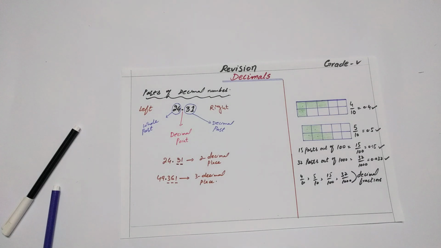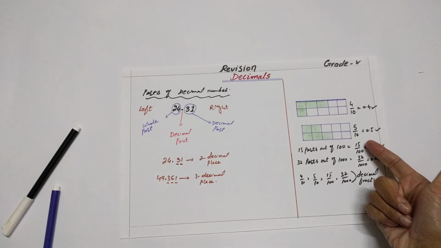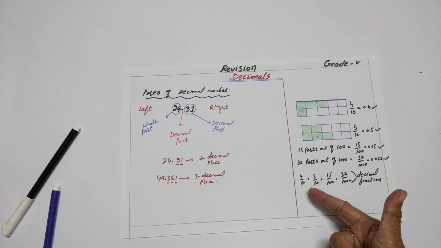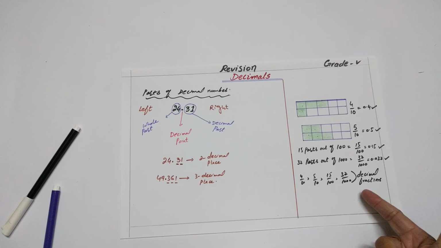So what have we learned over here? We have learned about the decimal. A decimal is a fraction whose denominator is either 10, 100 or 1000, and these fractions with the denominator 10, 100 and 1000 are called decimal fractions. In this decimal number there are two parts.